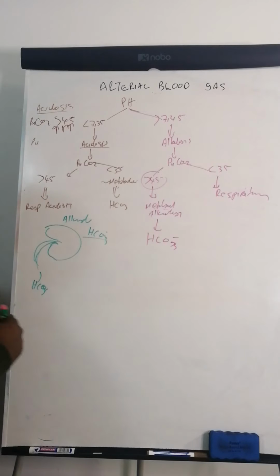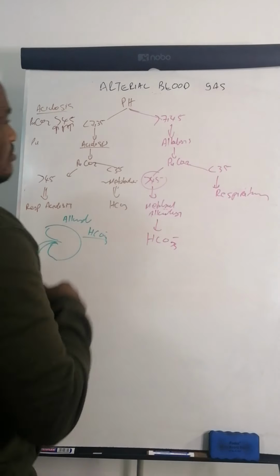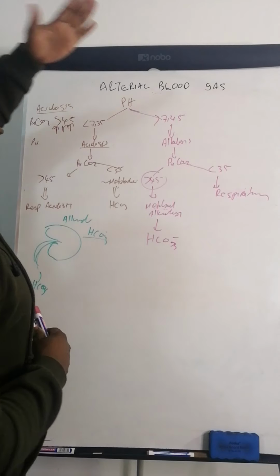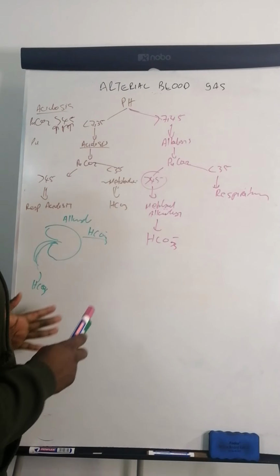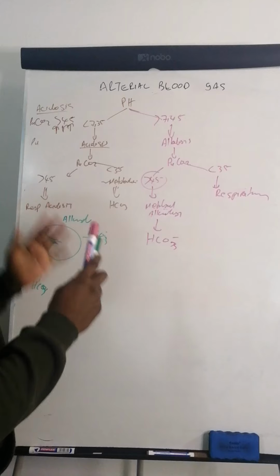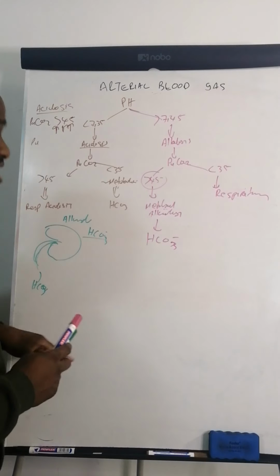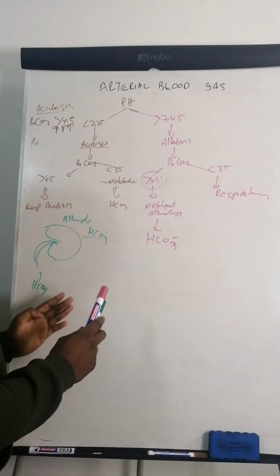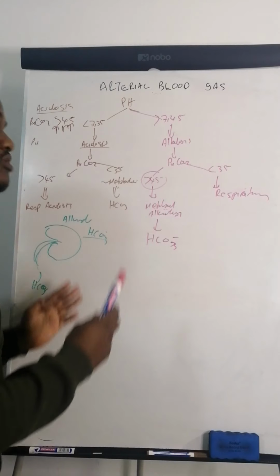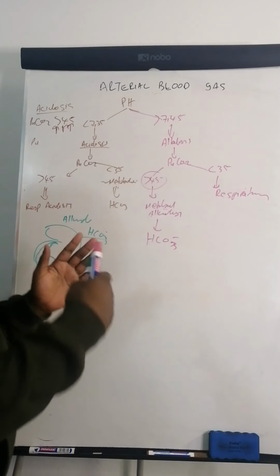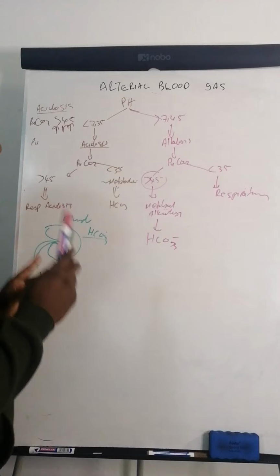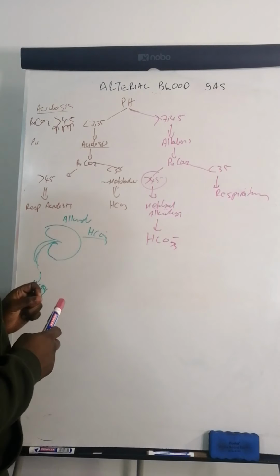So let me start this again. You look at a strip, you decide, okay, my pH for this patient is alkalosis. What is the cause of the alkalosis? Is it metabolic or is it respiratory? To answer that question, go and check your partial pressure of CO2.